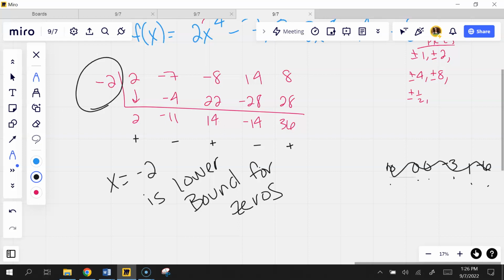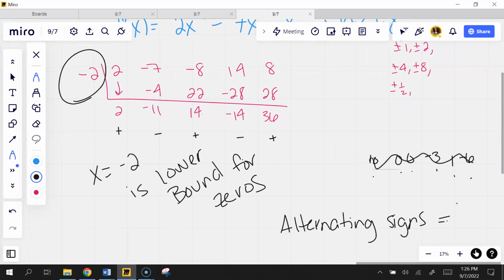That's the smallest it'll ever get. Because alternating signs is a lower bound. Really, you won't be coming up with these as much. Your problem will say something like, prove that -2 is a lower bound for f of x.